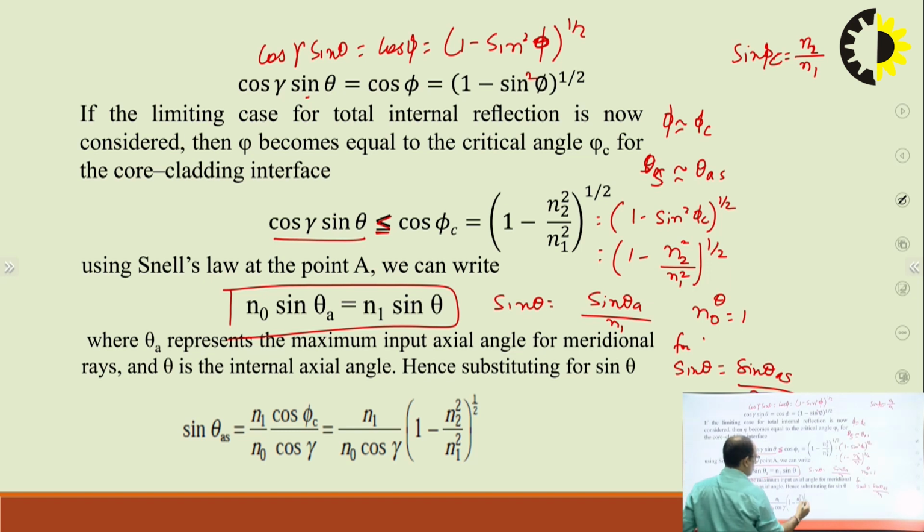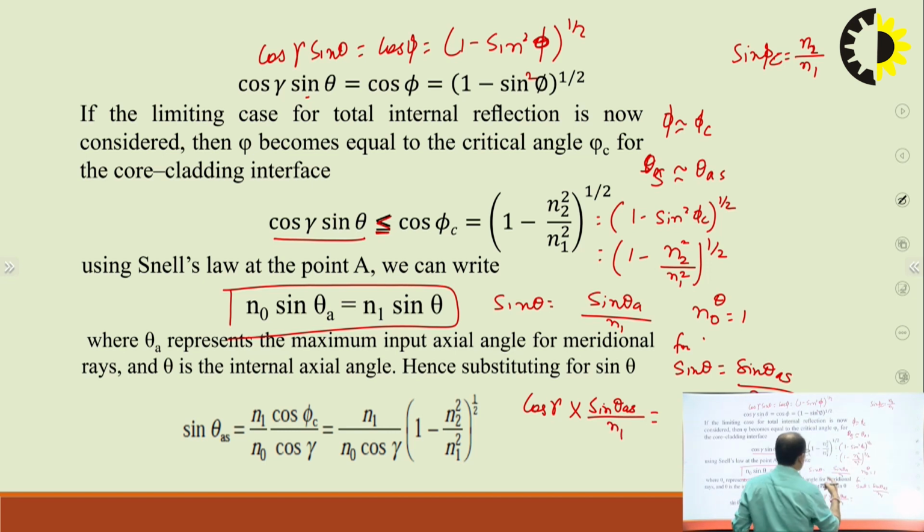So we'll see here cos gamma multiplied by sin theta. Just put the value of sin theta here: sin theta as upon n1 is equal to (n1 squared minus n2 squared) to the power 1 by 2 upon n1.